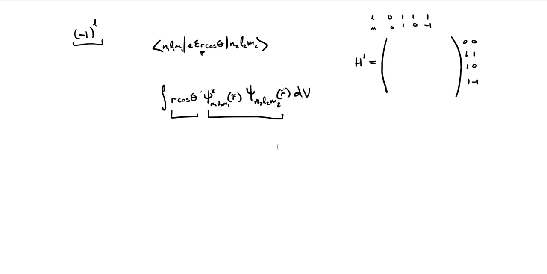Where the L equals 0 lines up with L equals 0, that's going to be 0. For L equals 1, all three of these columns and all three of these rows, that whole subspace is going to have zeros because of that parity argument we just made.